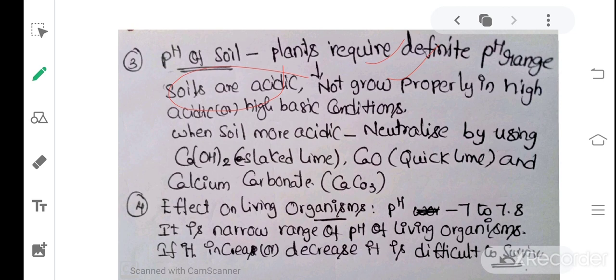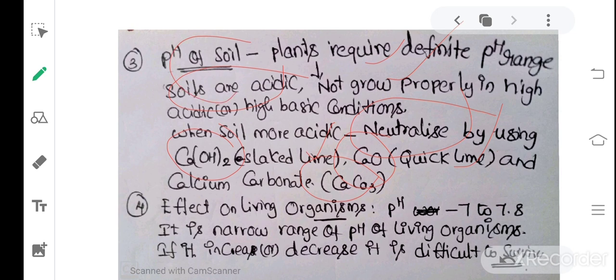So when the soil is too acidic, we neutralize it. How do we neutralize it? By using Ca(OH)2, which is an alkaline, CaO, which is called quicklime, and calcium carbonate, CaCO3. By adding these chemicals to the soil, the acidic nature decreases, so it is neutralized. Then plants grow and survive very easily.